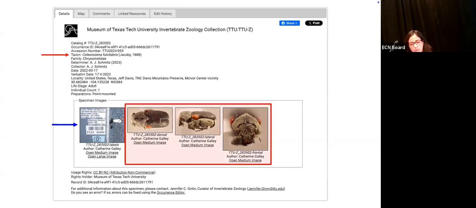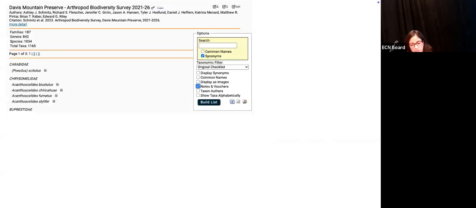So if we go back, the way the information of every single record connects to the checklist is that if, for example, we go and find this particular taxon, Coleorrosena fulvilaris, in our checklist, we can ask the database to show us all the vouchers that are associated with the checklist.